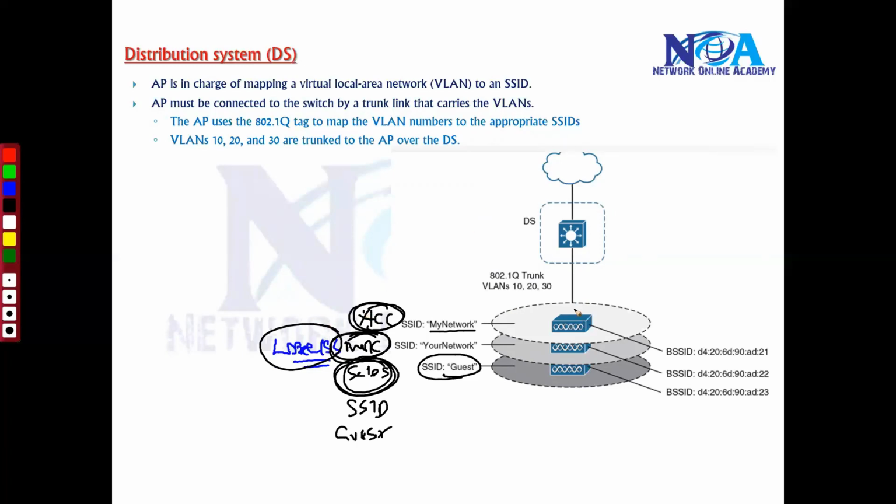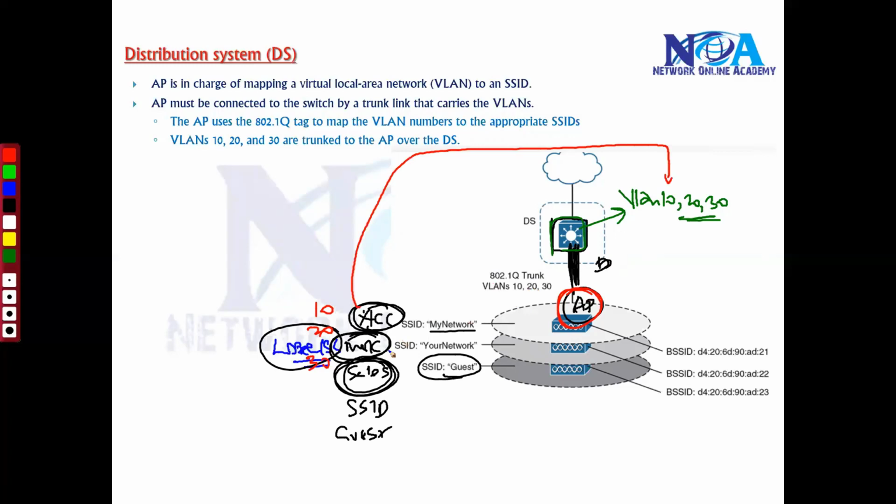Because when you connect from the access point, the uplink goes and connects to the switch. That's what we call the distribution system. And on the switches, again, we have some VLANs created. Now, this access point is responsible for correlating these SSIDs, so each SSID is mapped to a VLAN.